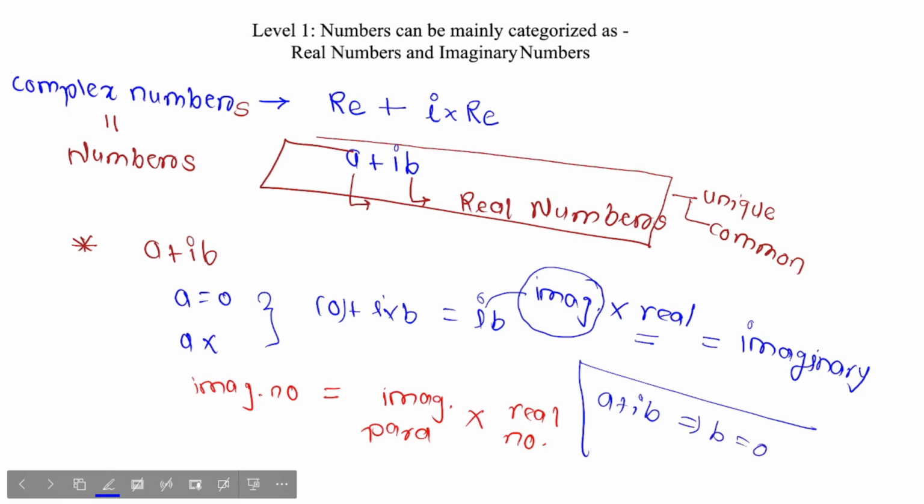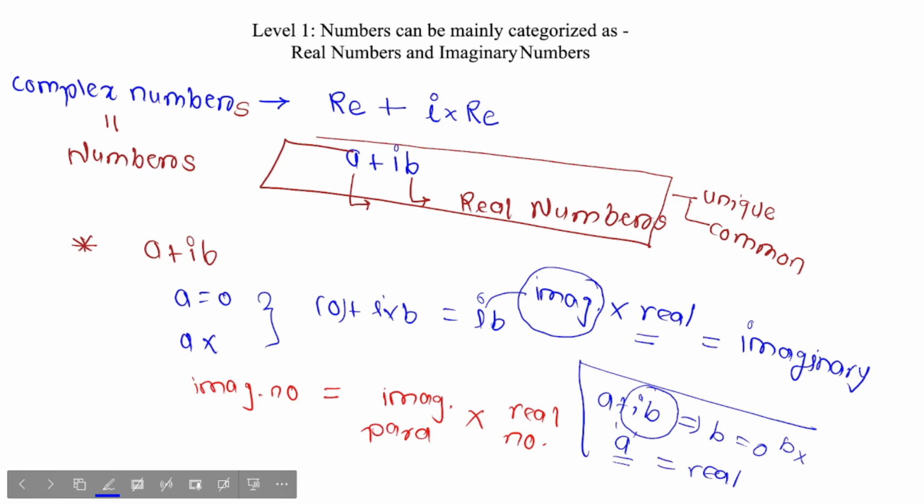Then what remains is a only, because the imaginary parameter i is in multiplication with b, and as b goes to 0, that term goes away and we are left only with the real number. In this way we can obtain a real number from the complex number system.